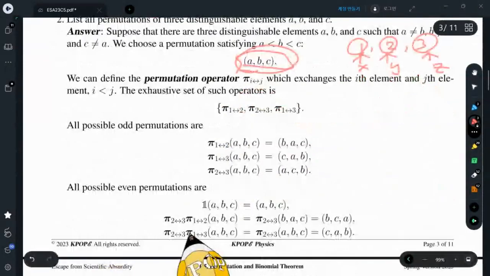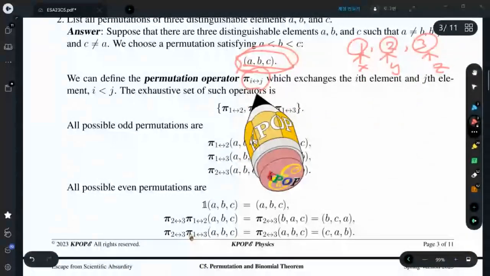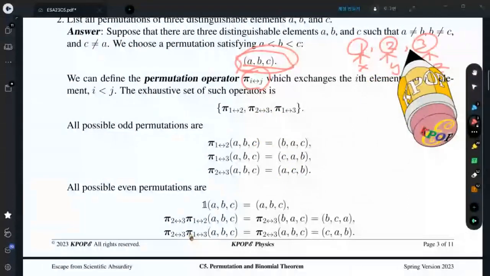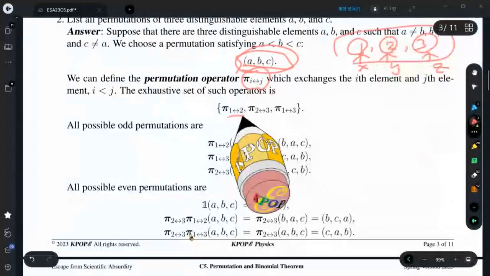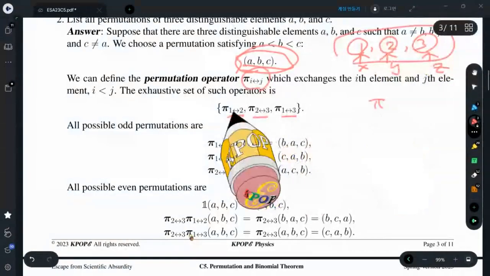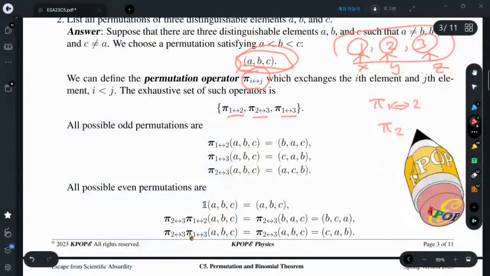Permutation operator can be defined among the 3 elements. So exchanging 2 elements out of 3, we have only 3 cases. As you know, exchanging 1 and 2 is identical to exchanging 2 and 1.